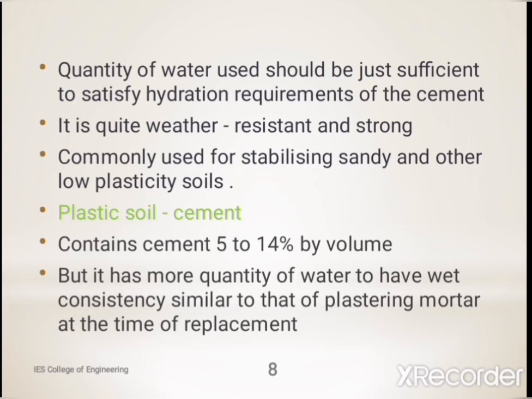Hydration is a chemical reaction in which major compounds in cement form chemical bonds with water molecules and become hydrates or hydration products.